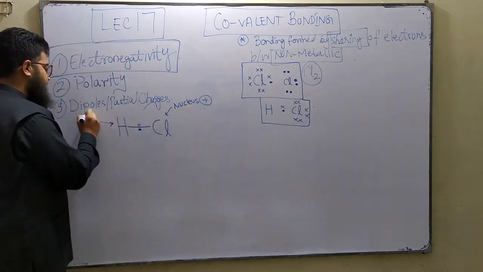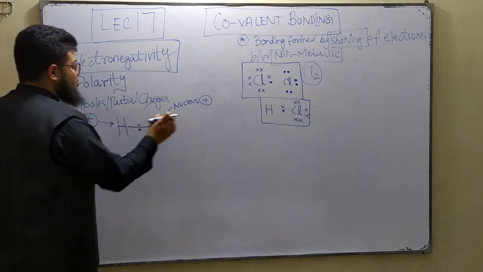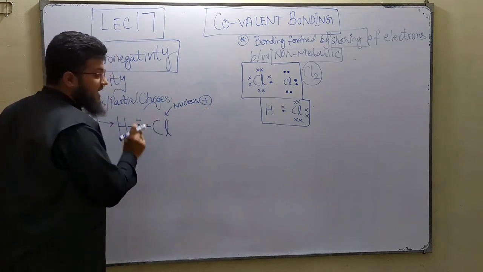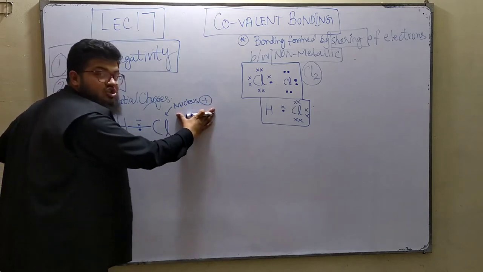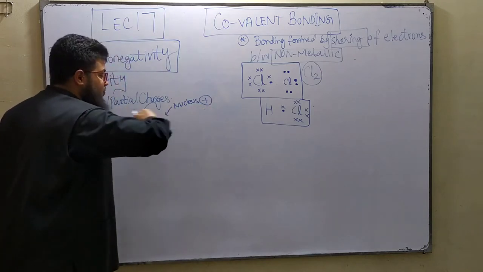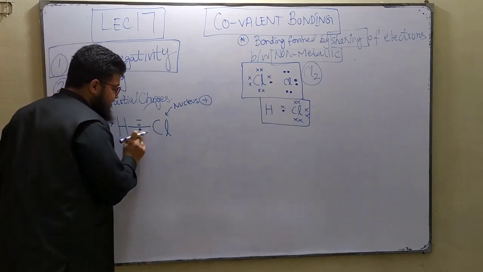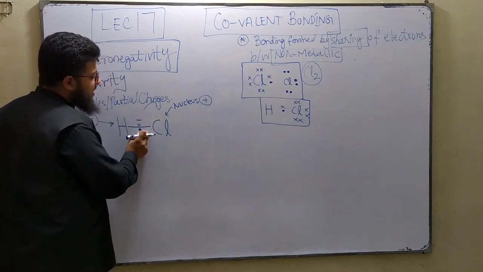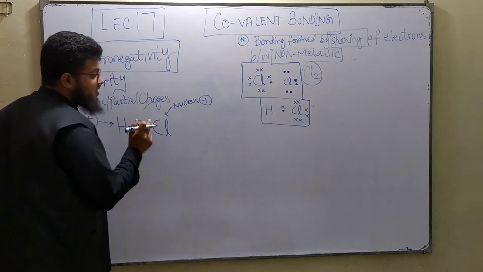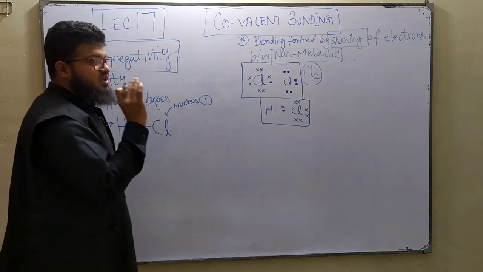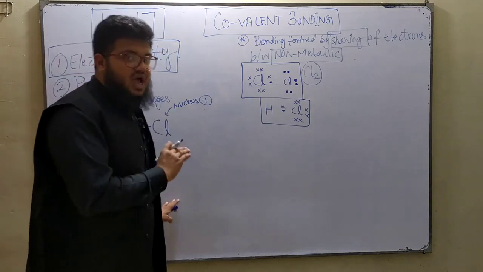Since the nuclei are positive and the shared electrons are negative, these positively charged nuclei will try to pull the electrons towards themselves, and as a result these electrons are not going to be midway or halfway between them, but rather the electron density will be shifted towards the stronger pull side.